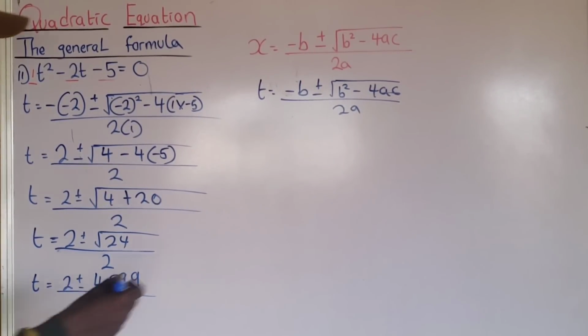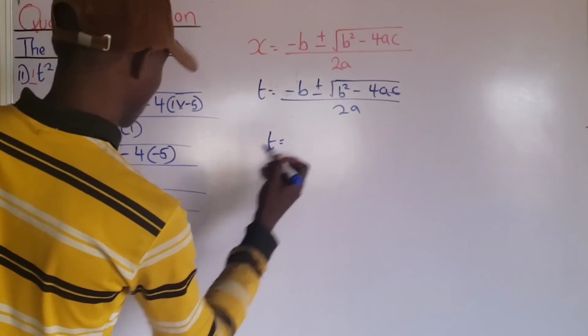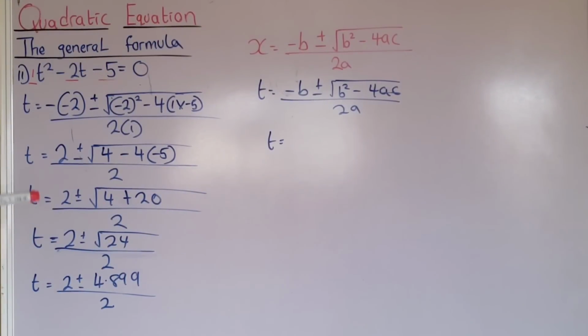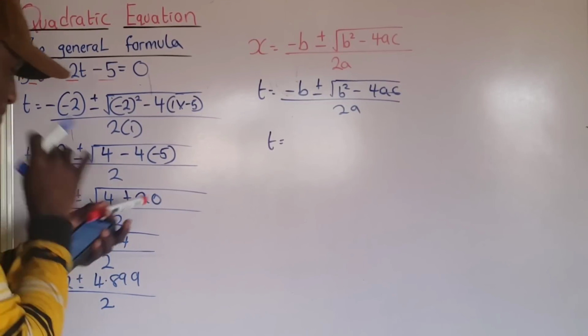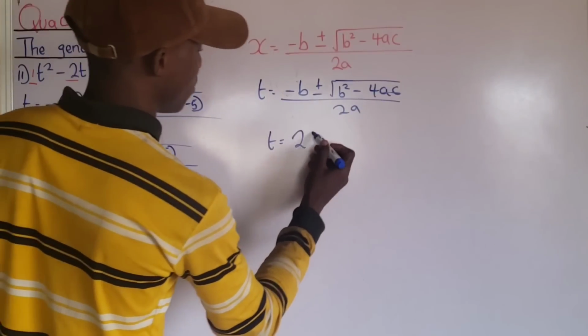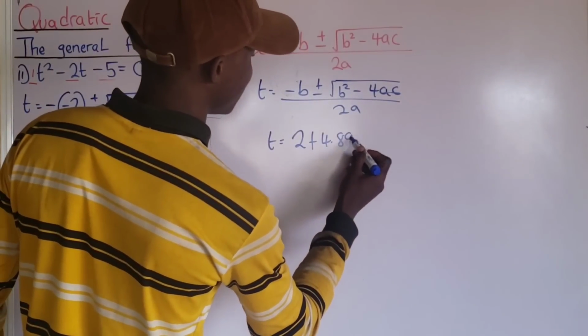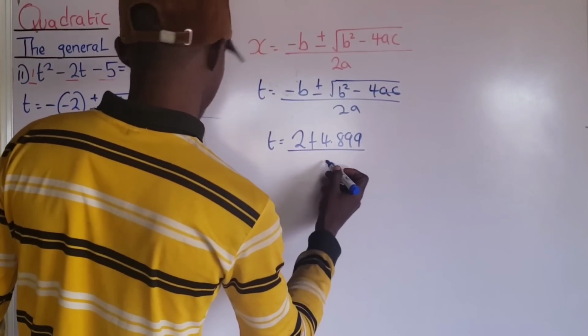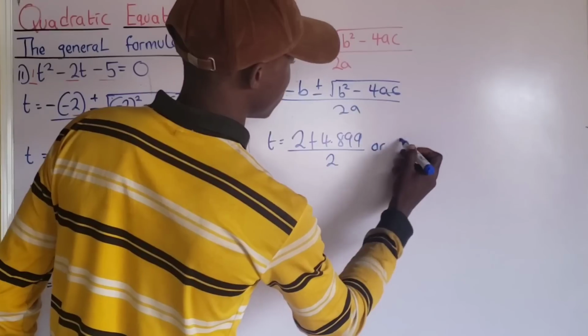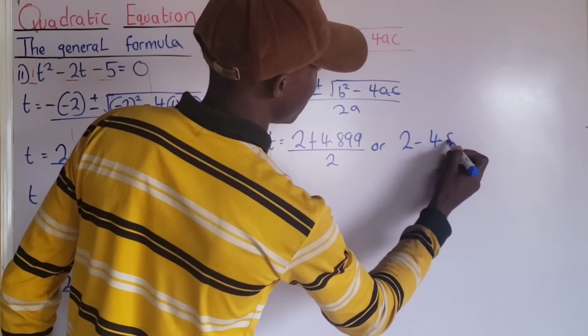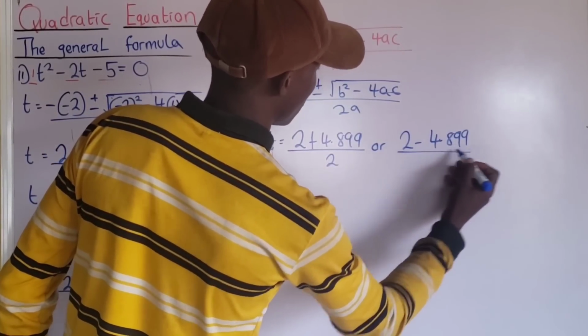Okay, so let us proceed. t equals, now from this point I'm going to separate because I'm having two signs in between 2 and 4.899. I'm going to separate these signs. Okay, so I'm going to have 2 plus 4.899 all over 2, or 2 minus 4.899 all over 2.